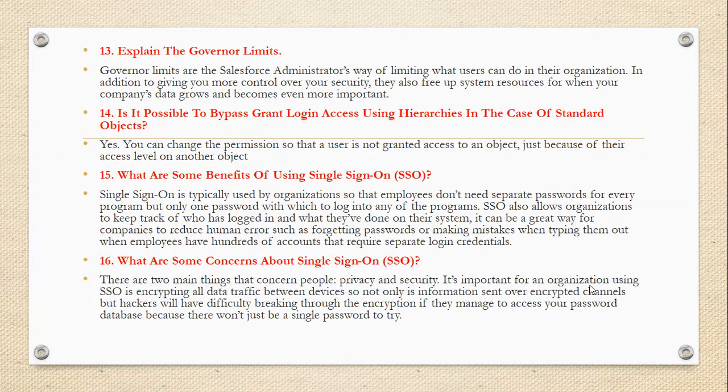It is important for the organization using SSO to encrypt all data traffic between the devices, so that not only is information sent over secure channels, but hackers will have difficulty breaking through the encryption, if they manage to access your password database, because they won't have just a single password to try.